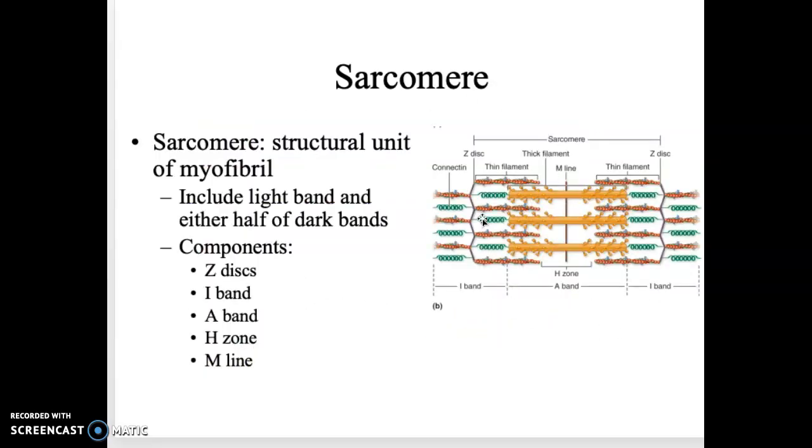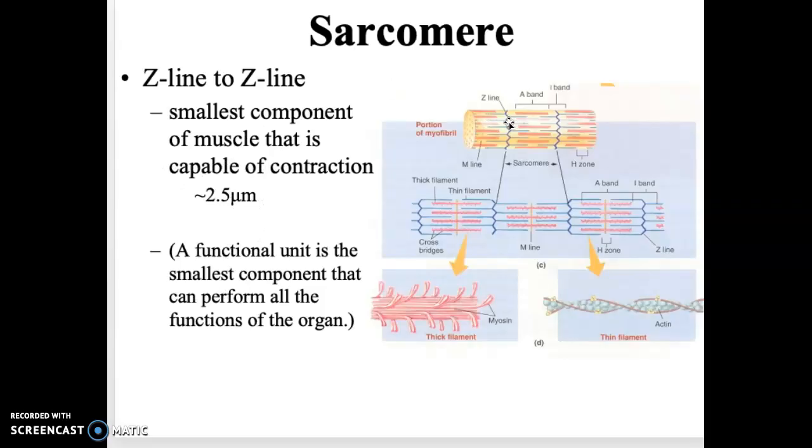The sarcomere has light bands and dark bands. We'll go through each of these components on their own. So the sarcomere is Z-line to Z-line, and this is the smallest part that's contracting. When the muscle contracts, these 2 Z-lines come closer together, and when it relaxes, they spread back out to normal.